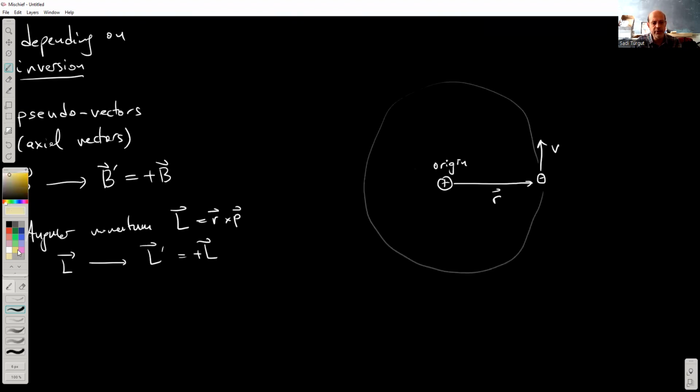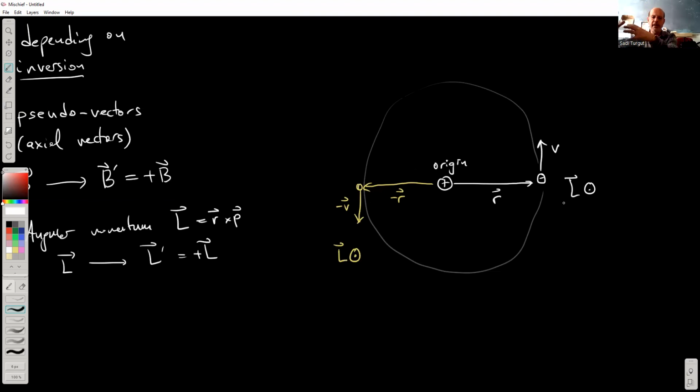In any case, what I do is, instead of this position, I just consider this inverted position. So that's minus r, and inverted velocity in here, minus v. You can see that in here too, the angular momentum is pointing out of the screen, just like in the original case, right? So the angular momentum in both cases is out of the screen.